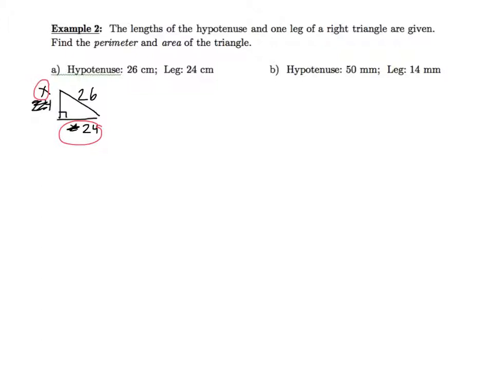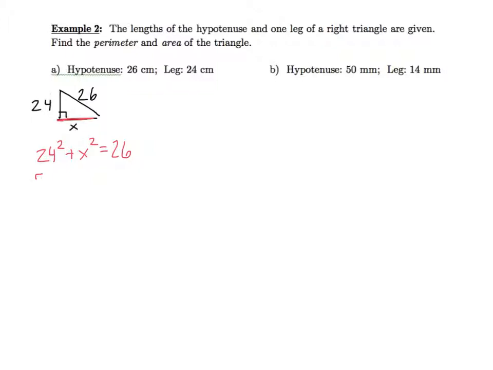So I would just go back to the original and figure it out from there. First we have to find the base by using the Pythagorean theorem. So 24 squared plus x squared equals 26 squared.